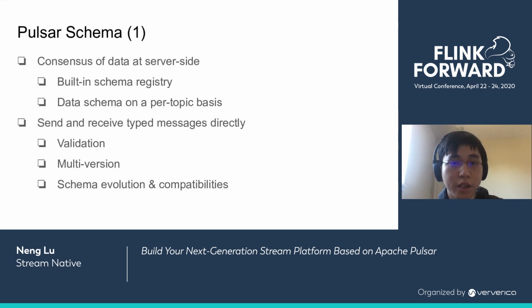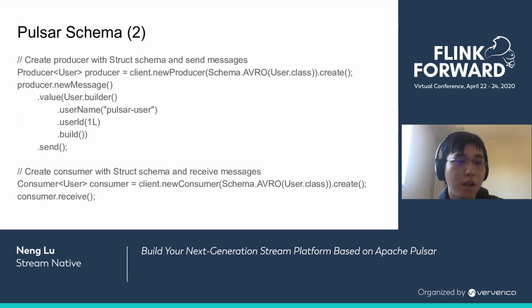We support schema evolution, like multiple versions and compatibilities. To utilize a schema in Pulsar's producer, it is as easy as adding the schema definition when creating the producer or creating your consumers.